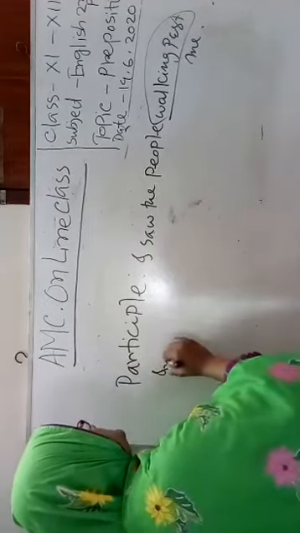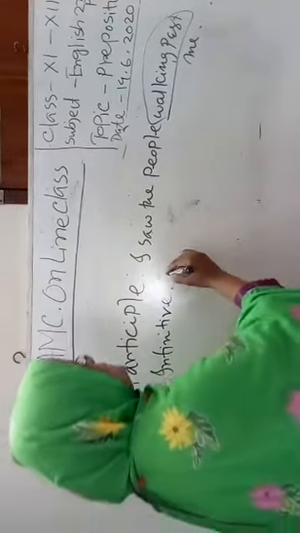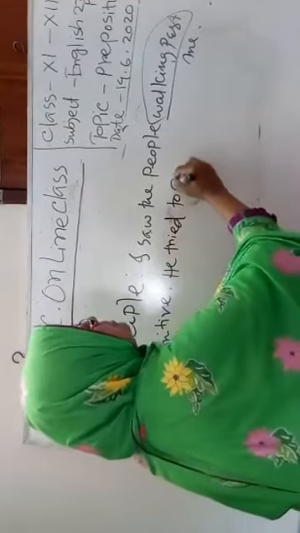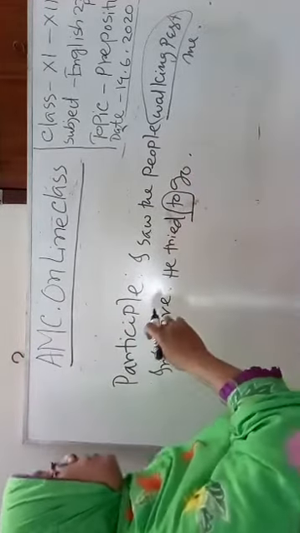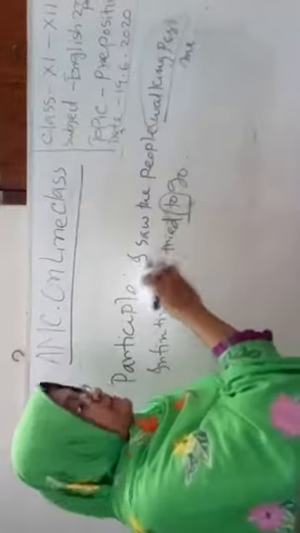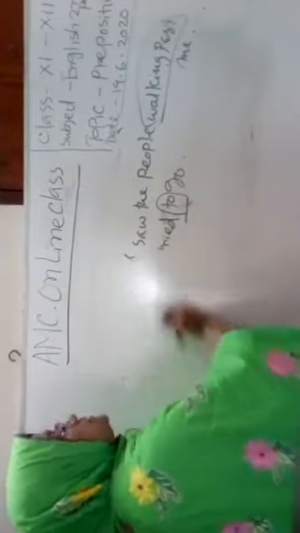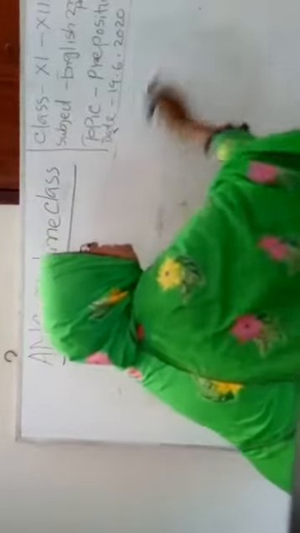Infinitive: he tried to go. In this sentence, this also works as an infinitive as well as a preposition. So we see the examples of special prepositions in sentences.